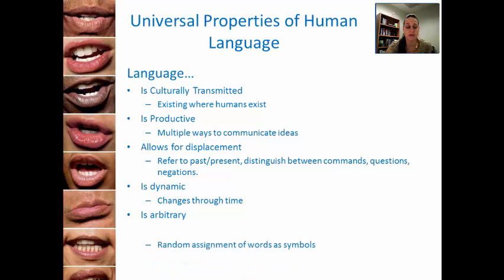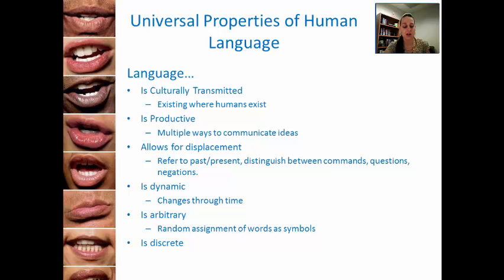And then the last universal property is that language is made up of discrete or distinct sounds. Only 5% of the world's languages have developed writing systems. And so wherever there are human beings, there will always be a language that is comprised of sounds.